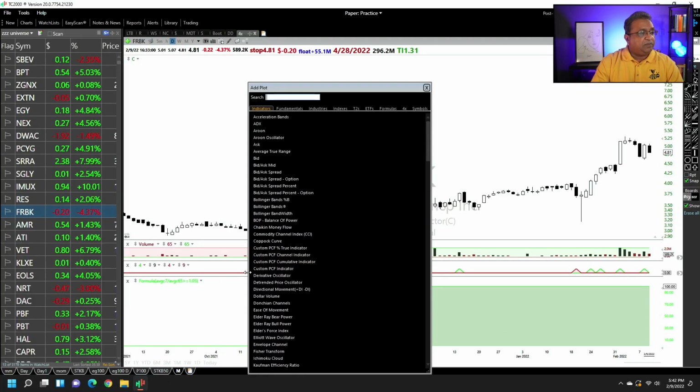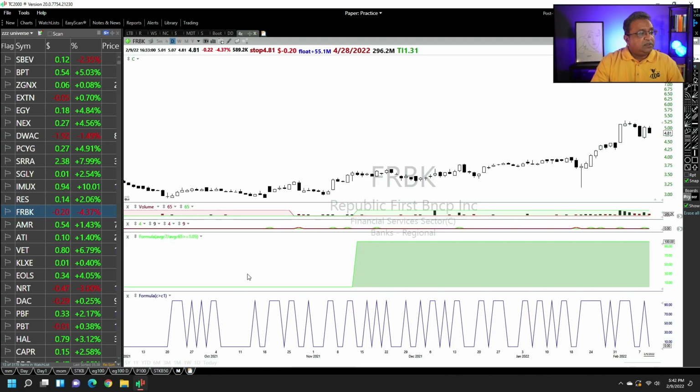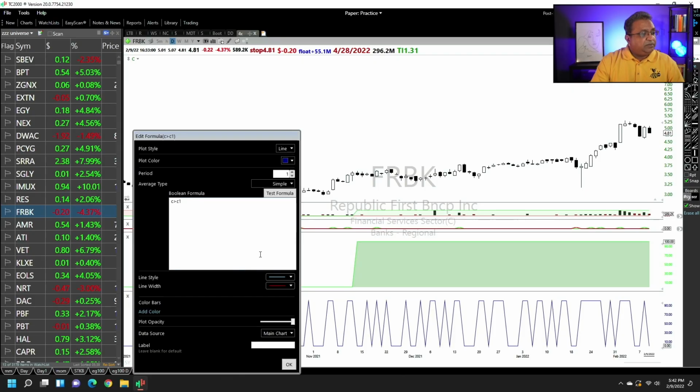where you will add a plot which looks for the negative side of this momentum, which will be average C7 divided by average C65, and that is less than or equal to 0.95, right?